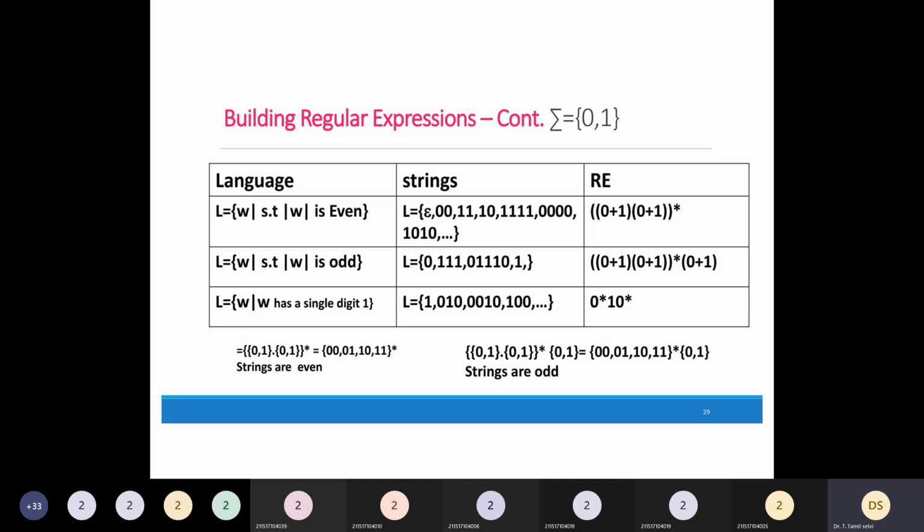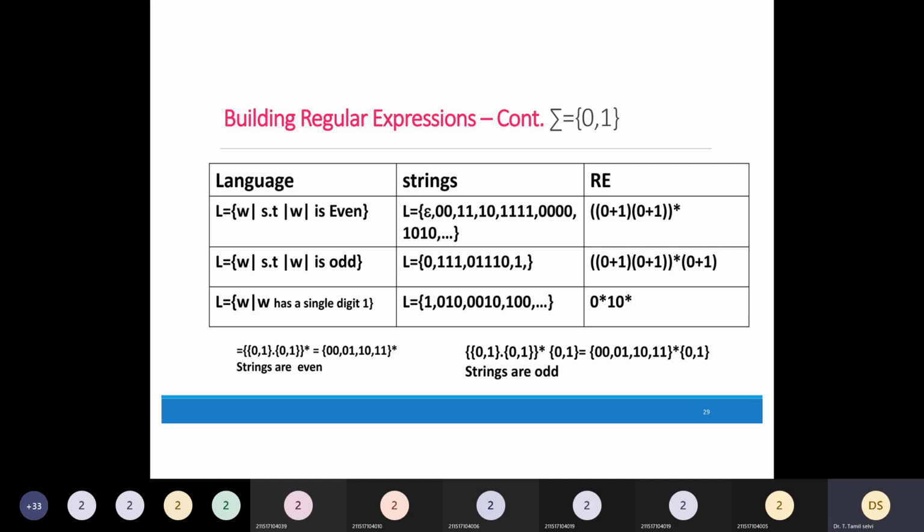And then in the next step I'm applying the value 2 for the symbol 0, that is 0 power 2, which is equivalent to 0 0. And then 1 power 2 gives the even length string 1 1. And then next one 1 0, etc. Like that we can apply the n value here, but you have to apply even values 0, 2, 4, 6, 8, etc. You have to apply the even numbers alone.